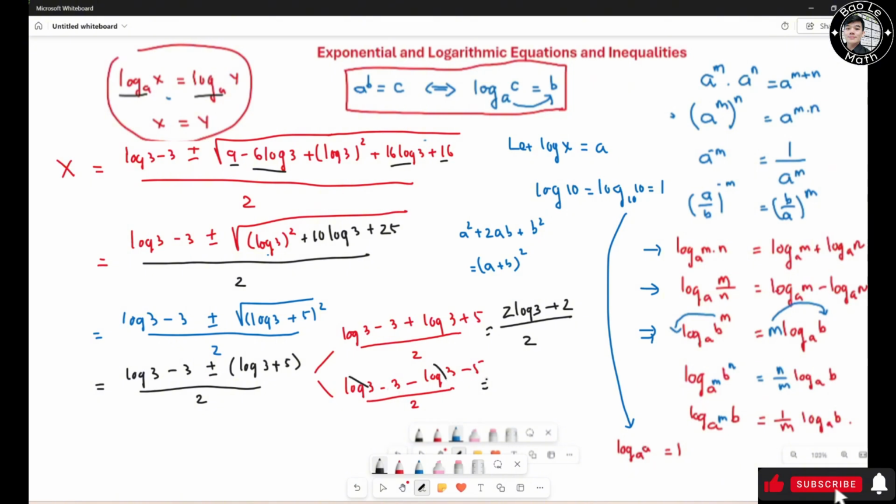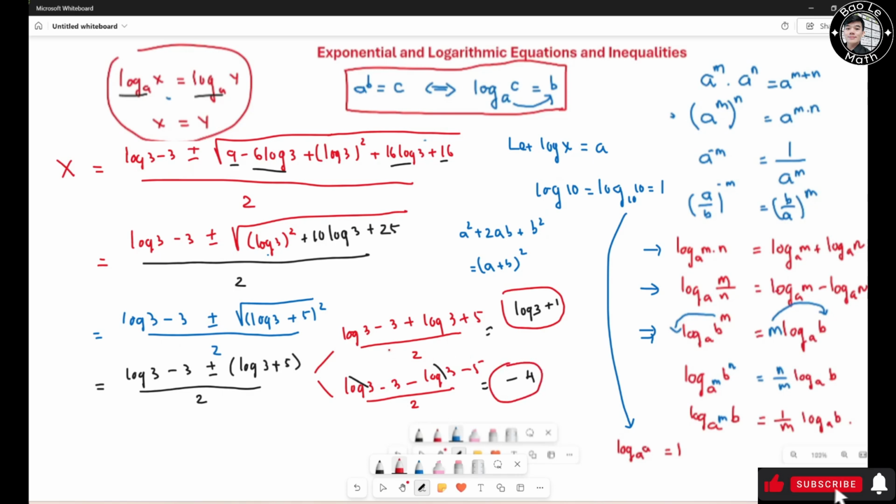Negative 3 minus 5 is going to be negative 8. Divided by 2 is going to be negative 4, right? Alright, so the first one right here, you just divide the top and bottom by 2, right? So this guy turns out to be log 3 plus 1 over 1, right? So over 1, I don't need to write it. Alright, so I have two solutions right here.